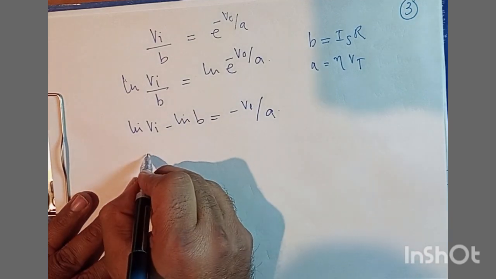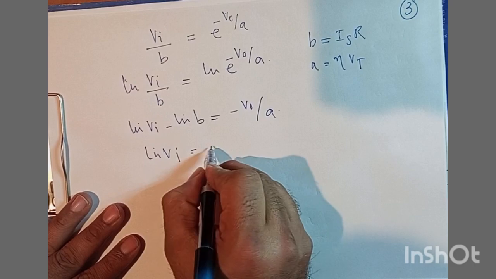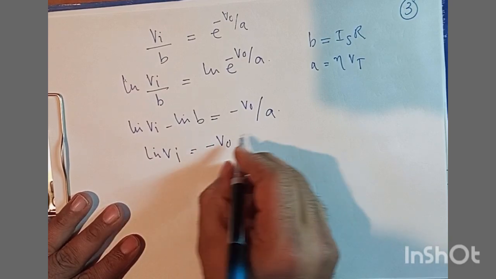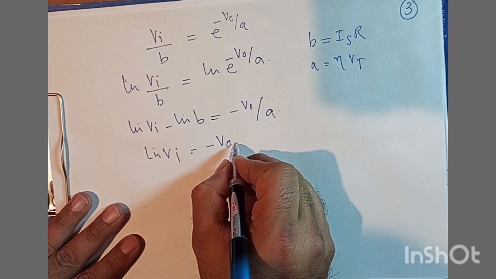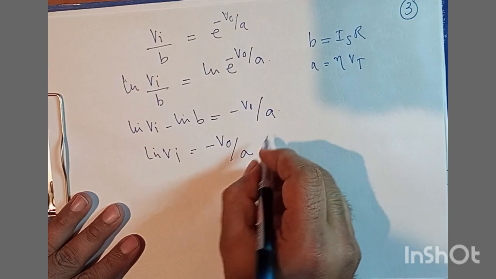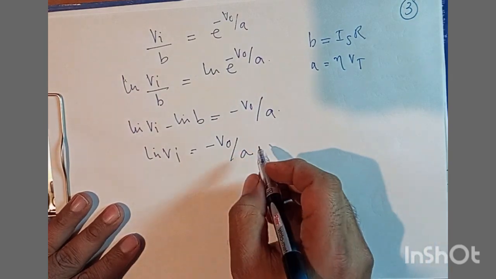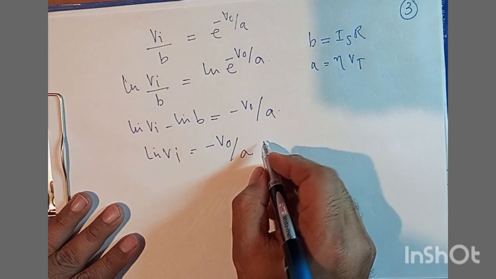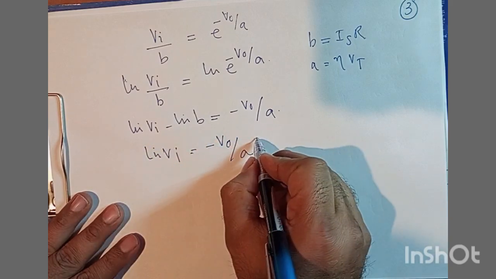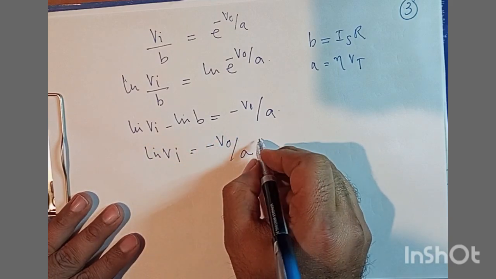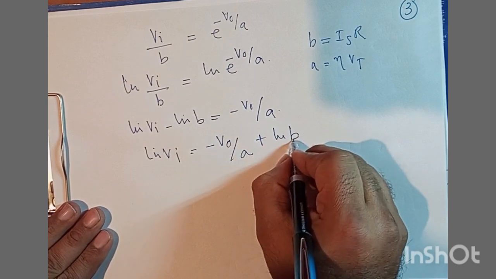So I can write ln of Vi is minus V out by A, and this will be plus ln of B.